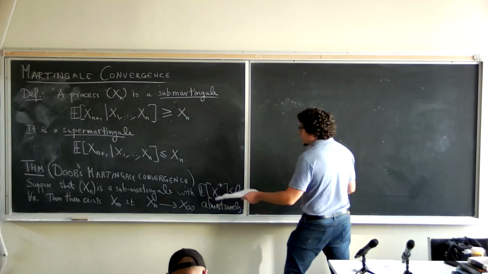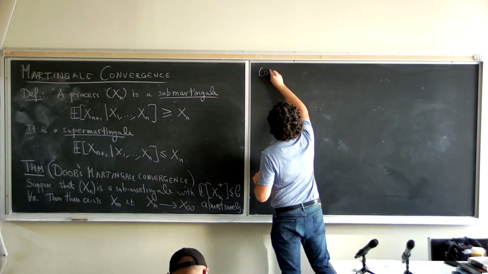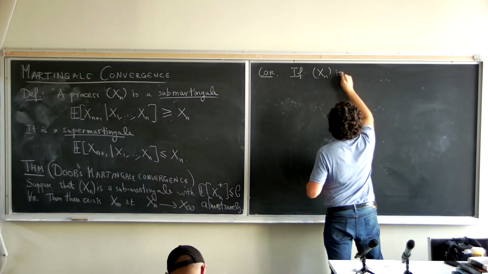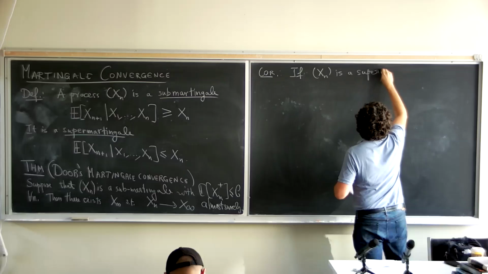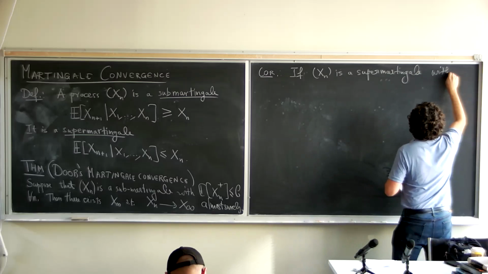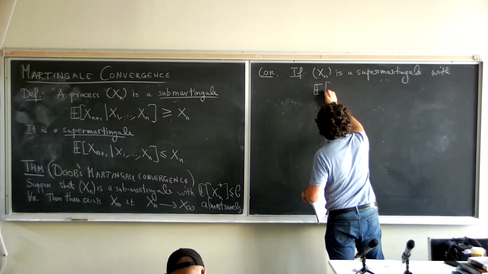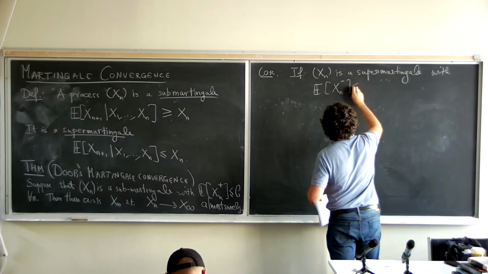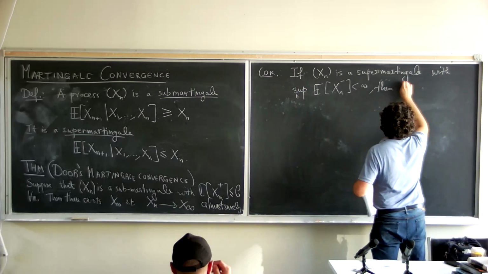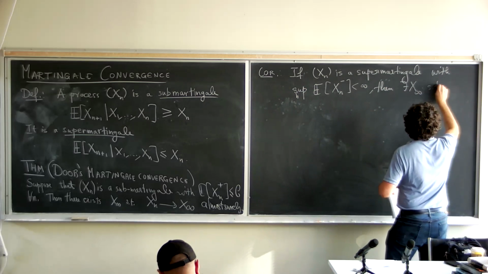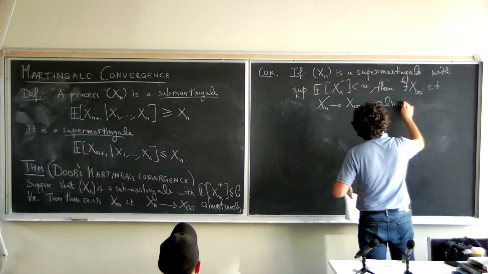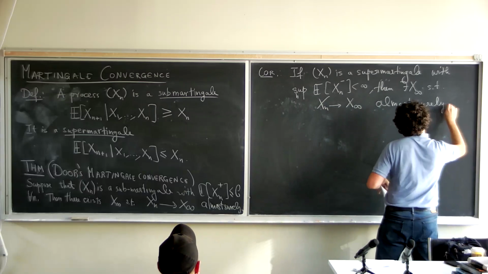Of course, the corollary is that if Xn is a supermartingale with the expectation of Xn minus bounded, the supremum over n, then there exists X infinity such that Xn converges to X infinity almost surely.